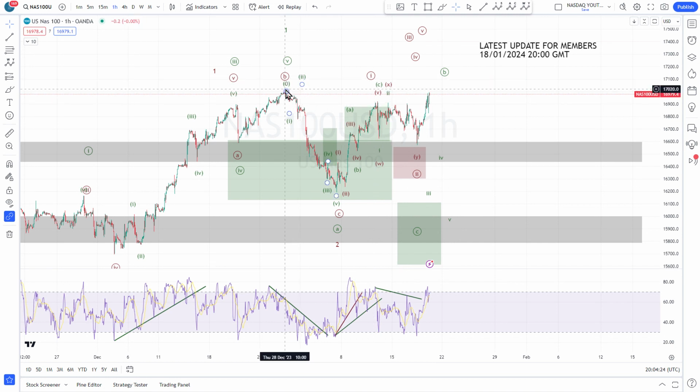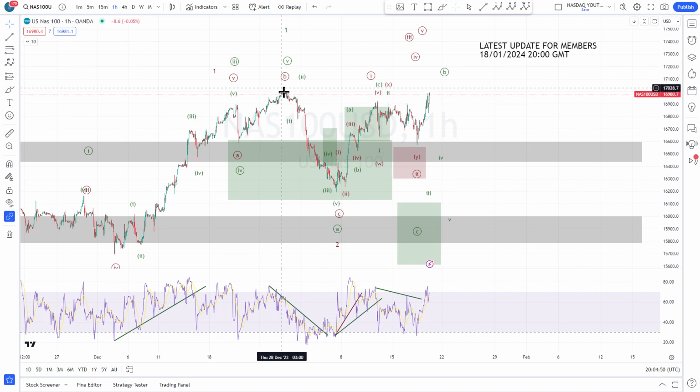What could be possible is an expanded flat structure from here. So A down, B up, and then C down. But the structure we are seeing here, for me, looks really like an impulse down.